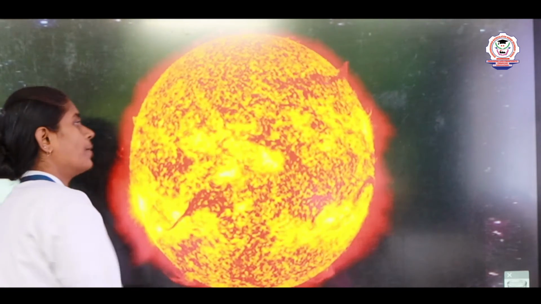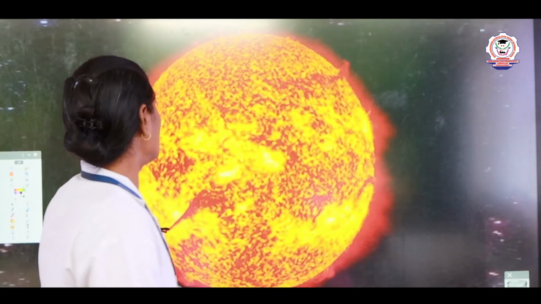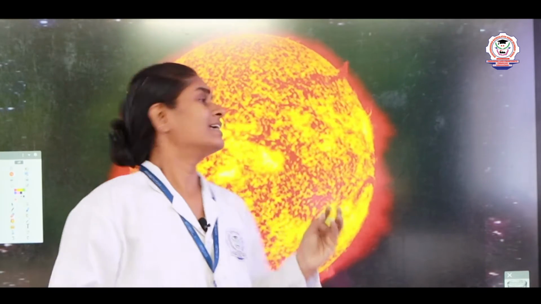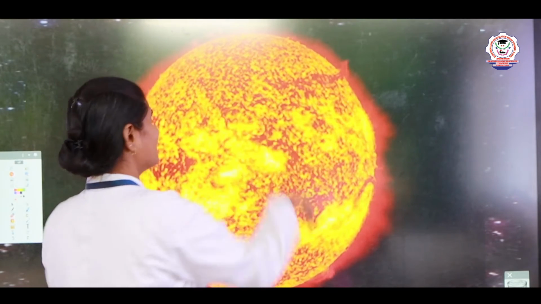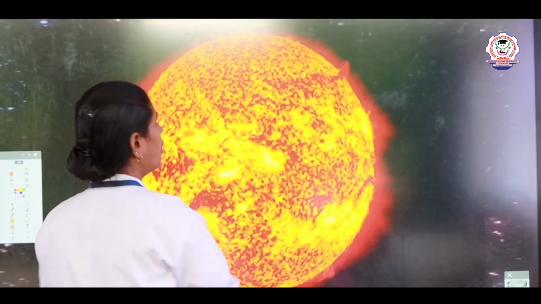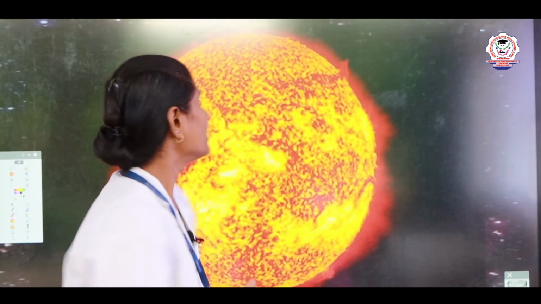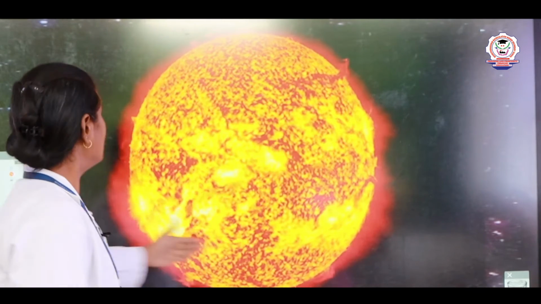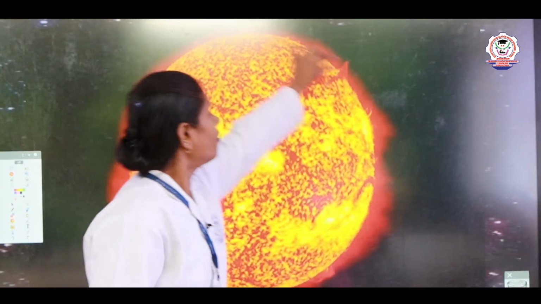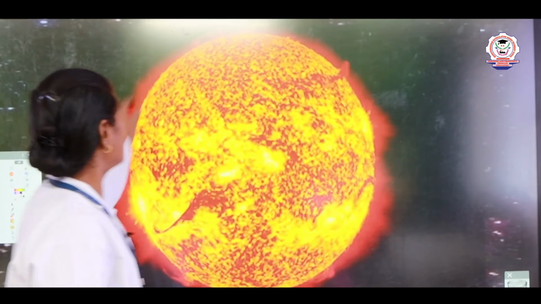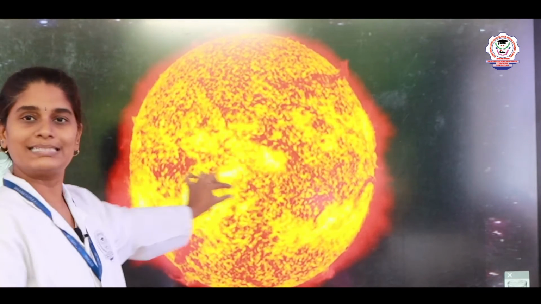First we will see about the sun. We all know that the sun is a star, a huge ball of fire, and it is at the center of the solar system. You can see here the thin layer of air that surrounds the sun.